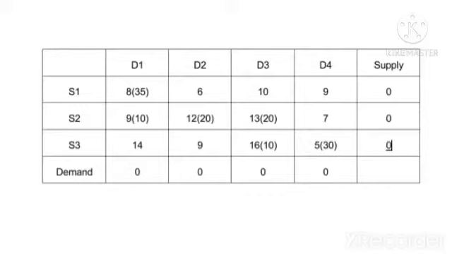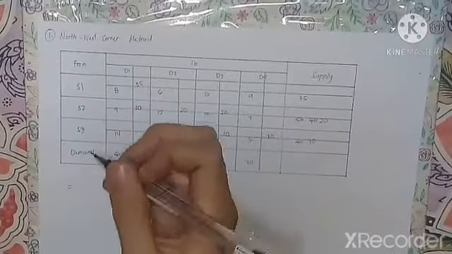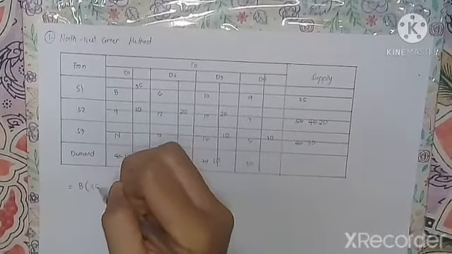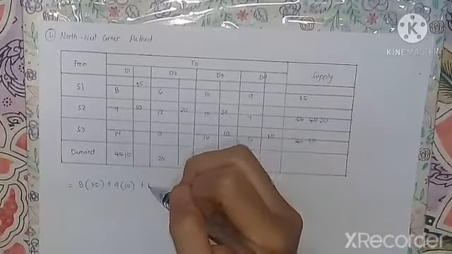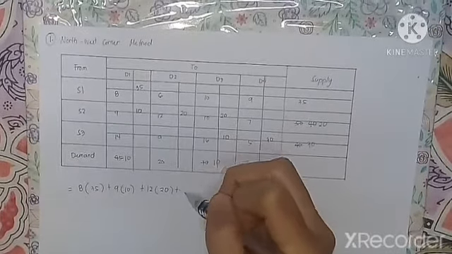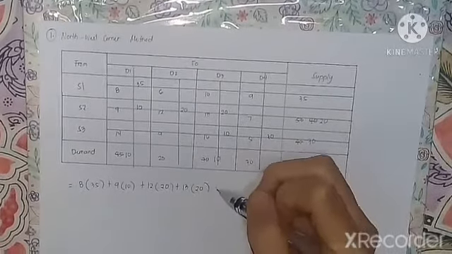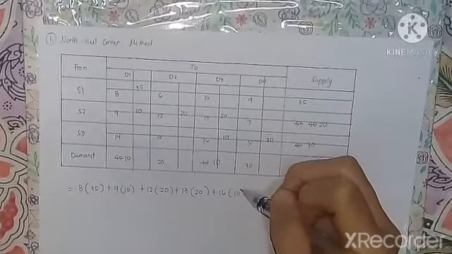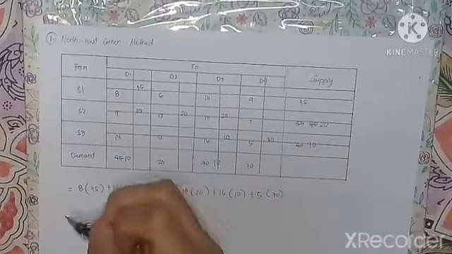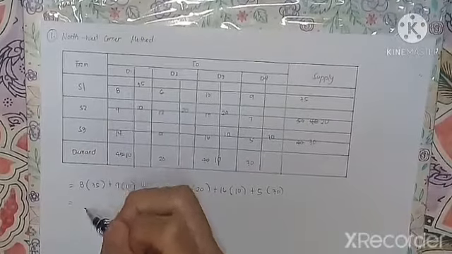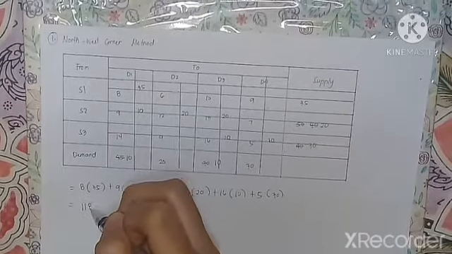Now we have the initial feasible solution, and let's solve for the minimum total transportation cost. 8 times 35 plus 9 times 10 plus 12 times 20 plus 13 times 20 plus 16 times 10 plus 5 times 30 equals 1,180.